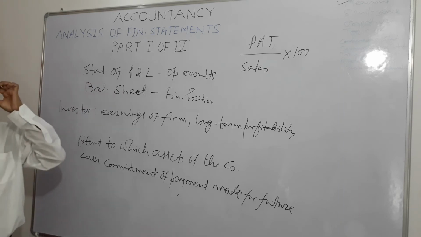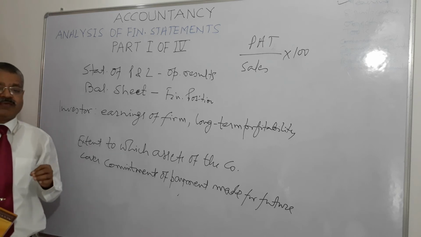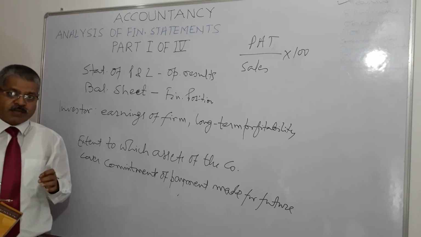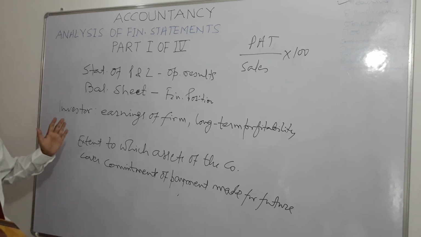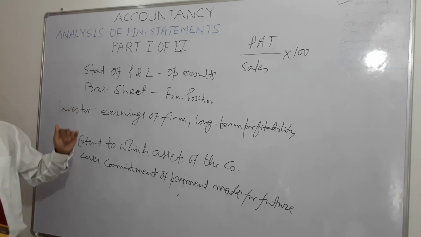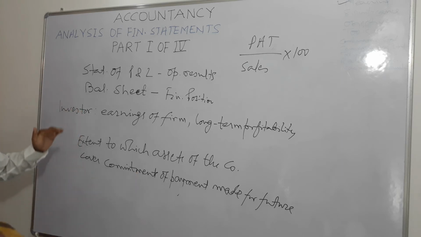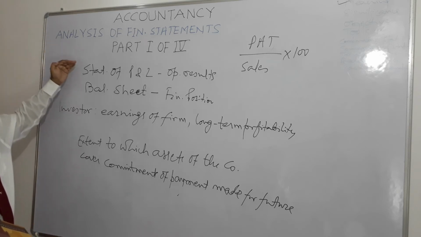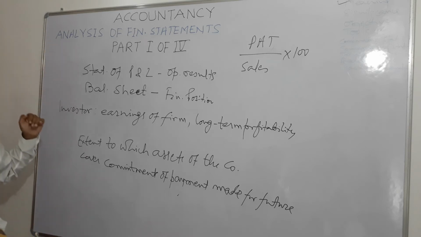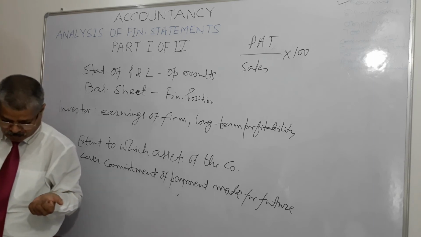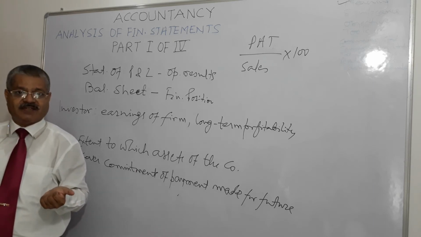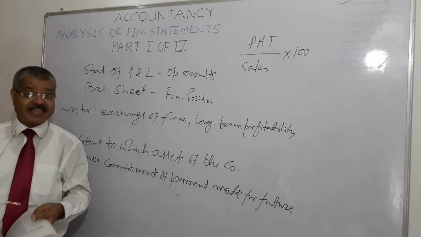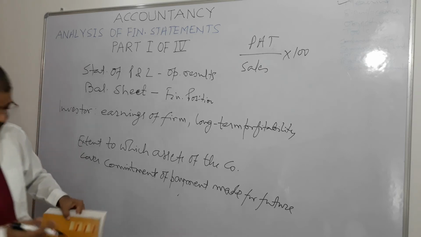Government needs to regulate prices of several items, and government also needs to earn through taxation. So government could be interested in analyzing the financials of a company mainly from the viewpoint of regulation of prices and taxation purposes, right?